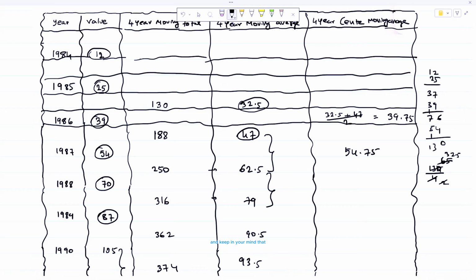And keep in your mind that averages should be entered between the values. Next average is 62.5 plus 79 and divided by 2, 70.75.